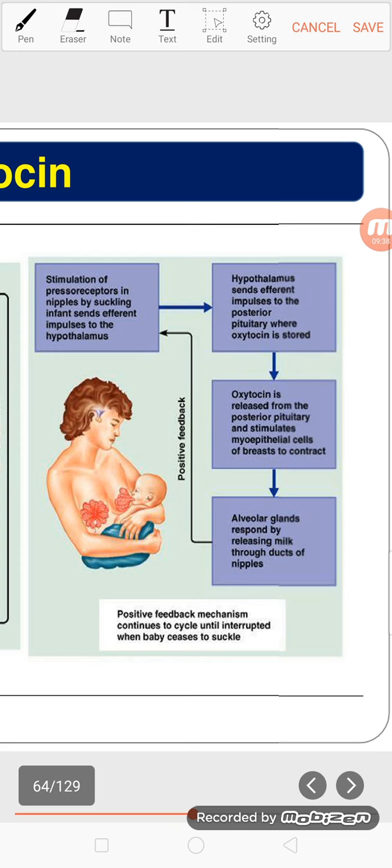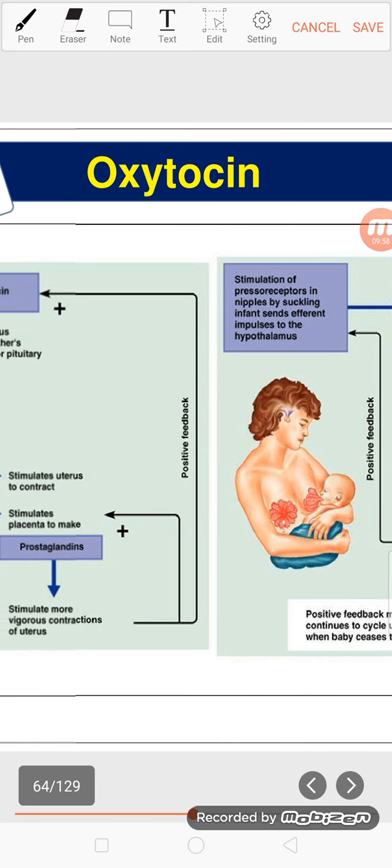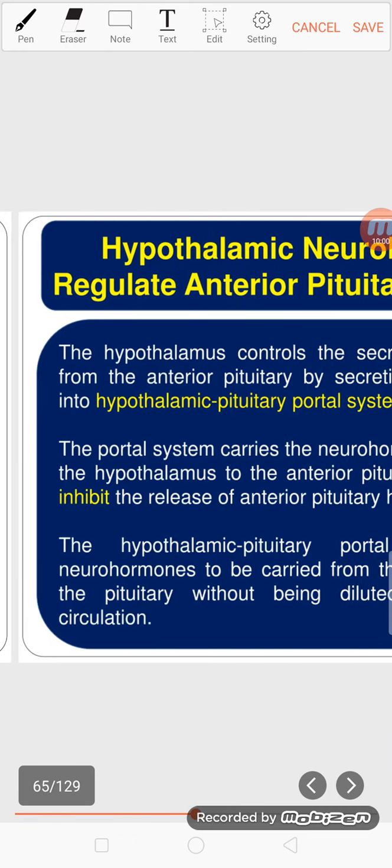And then the baby gets the milk, the baby suckles again, it will continue to release oxytocin and cause the release of milk until the baby stops suckling. Then the oxytocin will stop being secreted. All right.